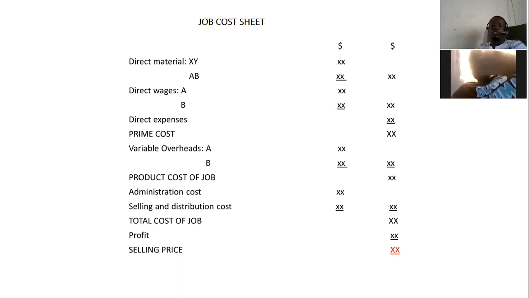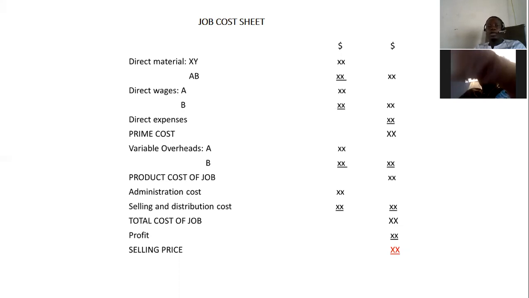We call it the job cost sheet. This is just like the cost sheet that we looked at earlier some time ago. So we'll be looking at the format. So we have direct material.